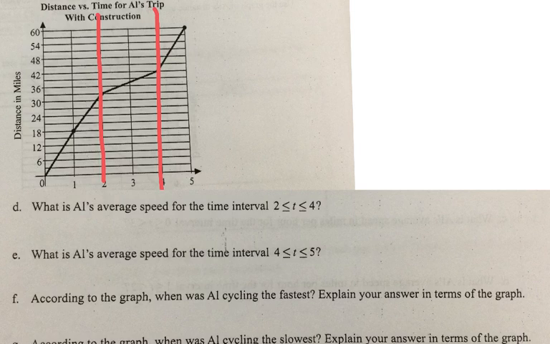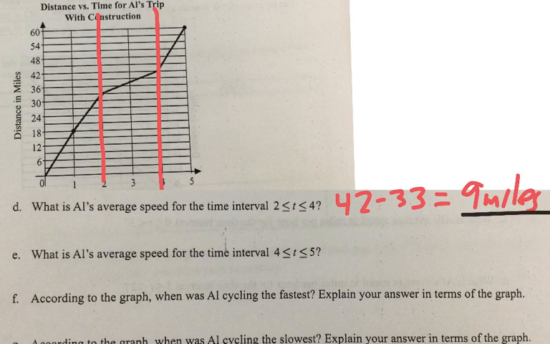So he started at 33. He ended at 42. So to find the distance, we could subtract 42 minus 33, which is 9 miles. And how long did it take him to go 9 miles? 2 hours. Right? We could get that by doing 4 minus 2 for the hours.